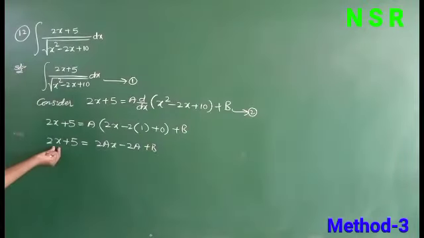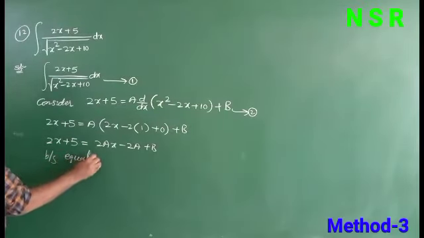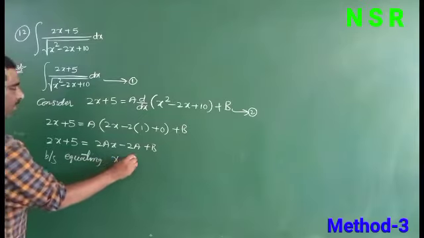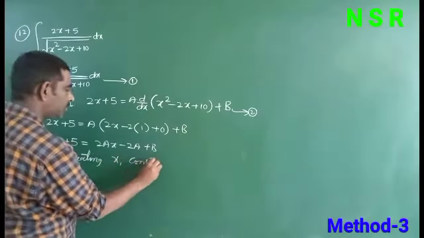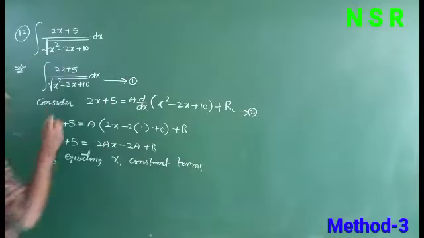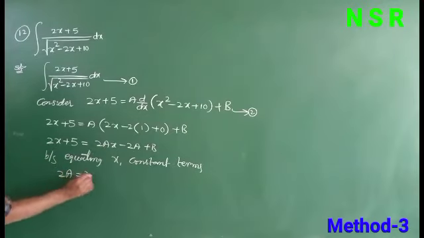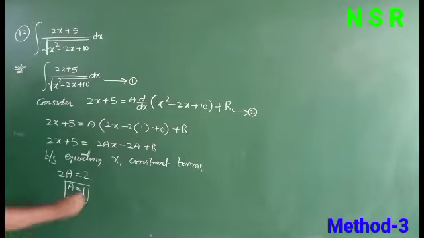Now both sides have an x term and a constant term. So equating the x terms and constant terms: the x coefficient here is 2, and here it is 2A. Now 2A equals 2, so A is 2 by 2, that is 1.